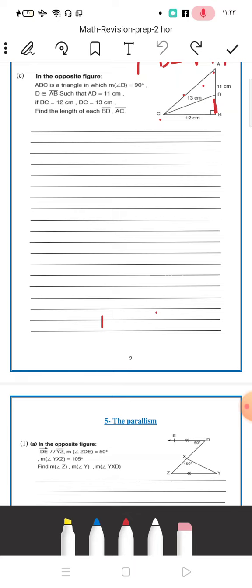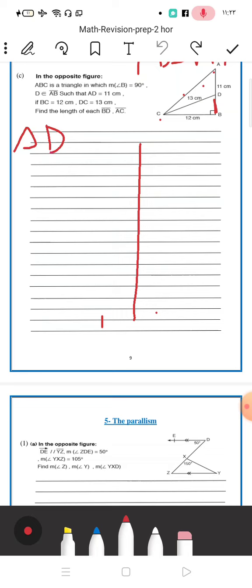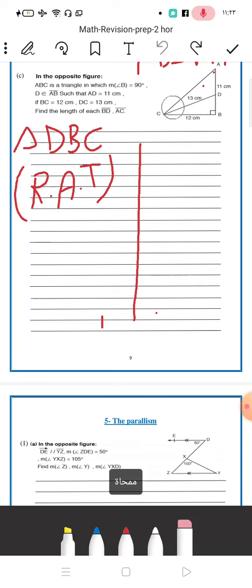So here we will talk about two triangles also. Okay, the first triangle here is what? DBC triangle, this smallest triangle, DBC. This triangle is a right angle triangle. At what? At B. Okay, so here what do we have?